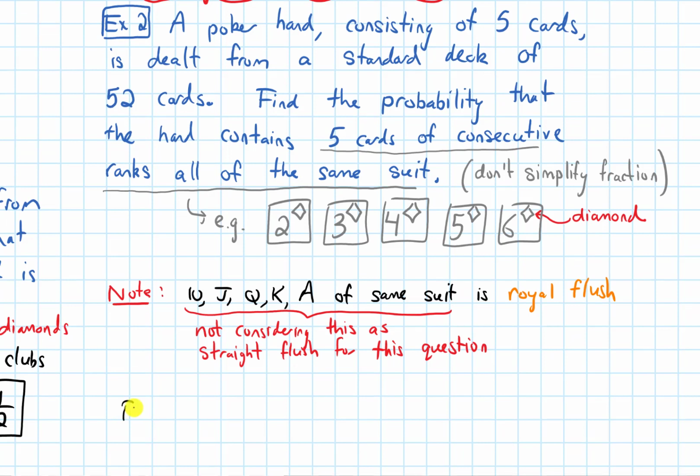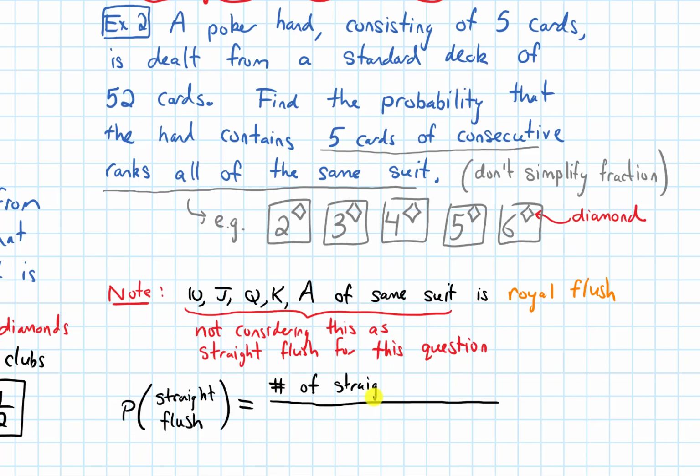I want to find the probability of getting a straight flush. So using my formula for the probability when I have equally likely outcomes, I know I'm going to get a fraction. And on the top, I need the number of successful outcomes. And in this case, I have a success if I get a straight flush. So the top is going to be the number of different types of straight flushes that we could have.